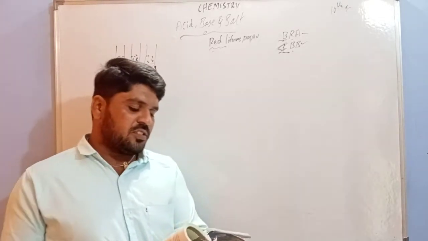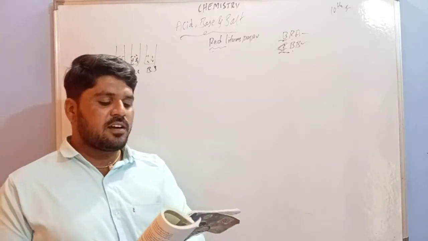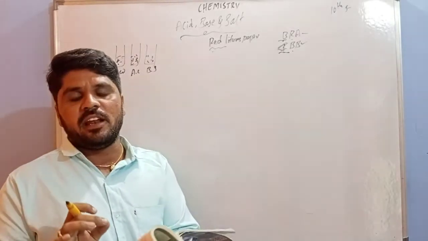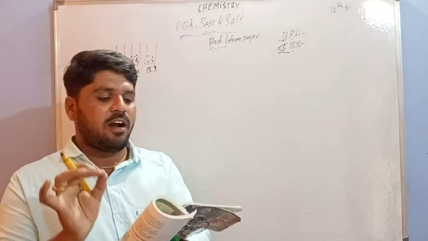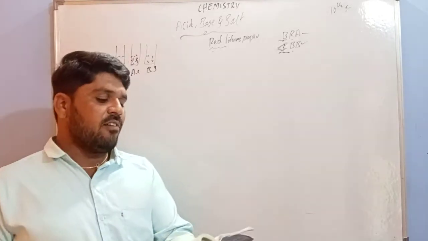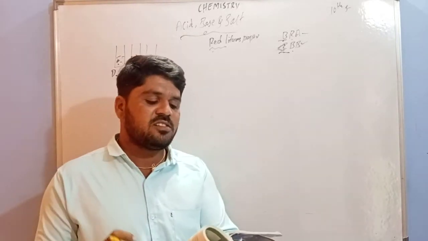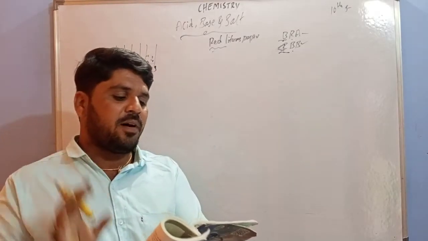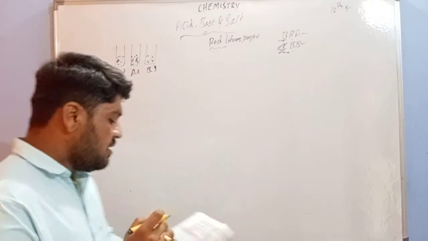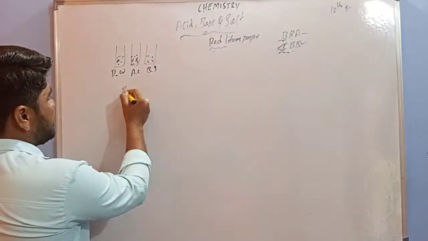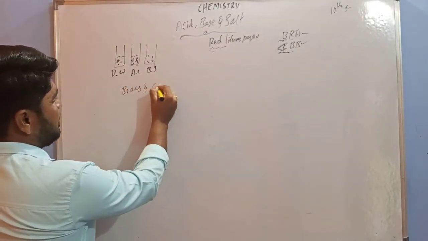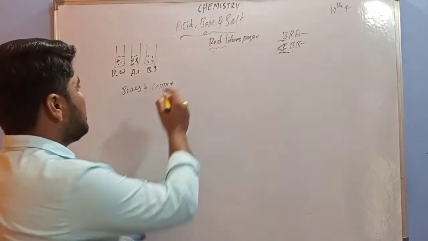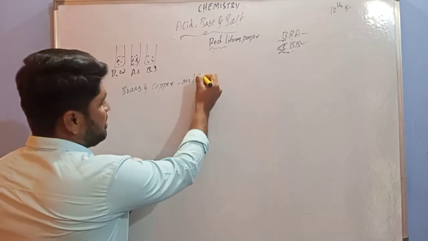In the first question: why should curd and sour substances not be kept in brass and copper vessels? Because brass and copper are metals.